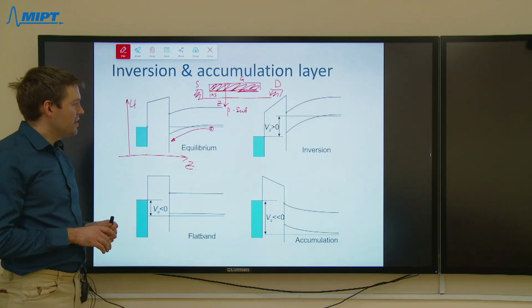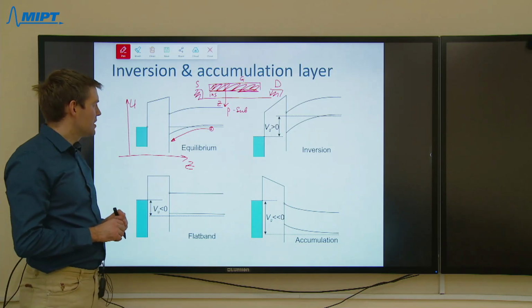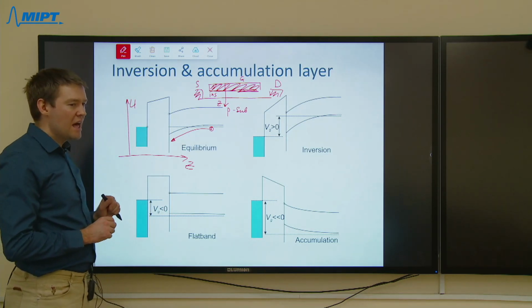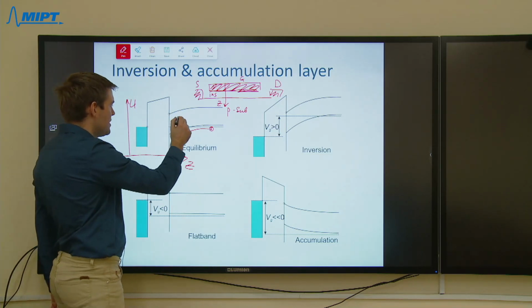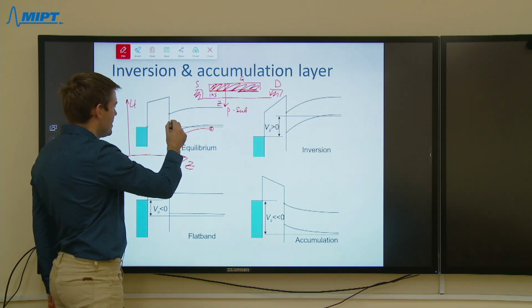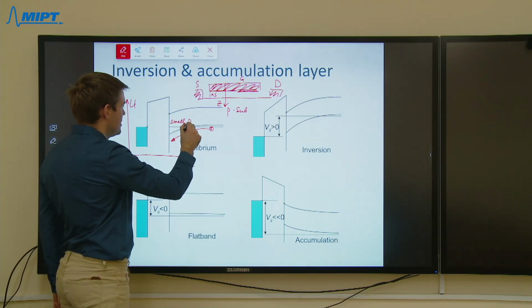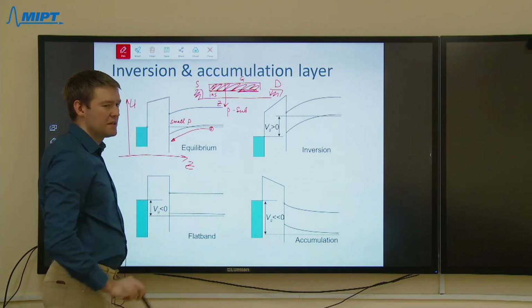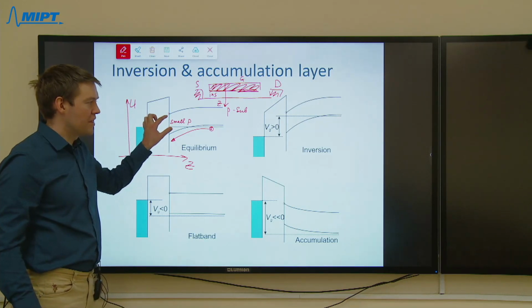Now, this is almost what we want, because this is almost what we want to get N-type conductivity in the vicinity of surface. So you see that there is quite a small amount of holes, small p density, because this region is slightly depleted from holes and slightly enriched with electrons.